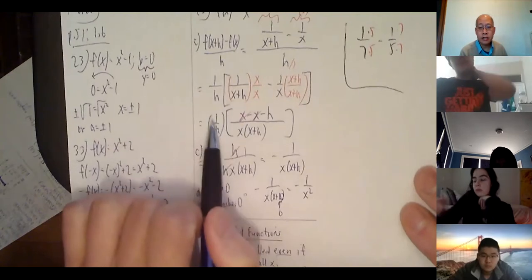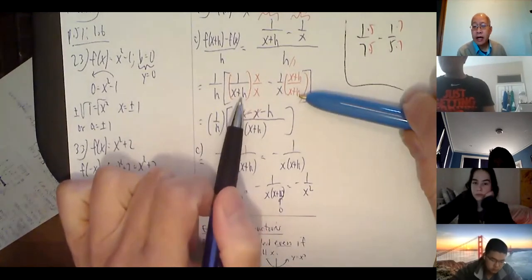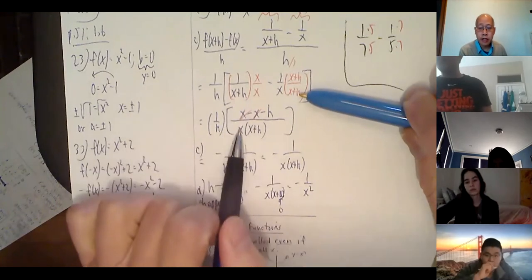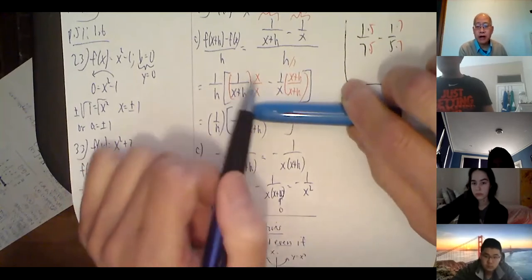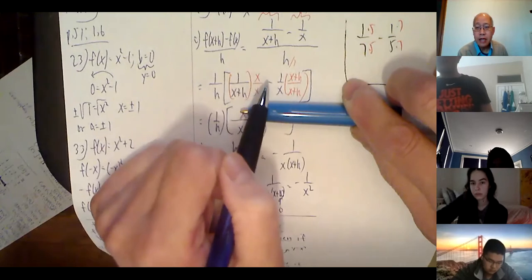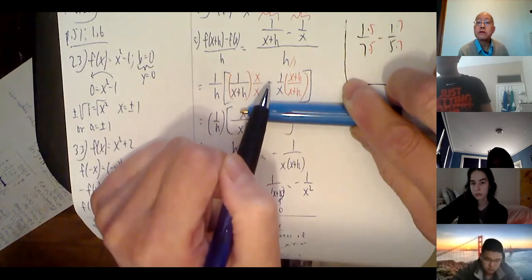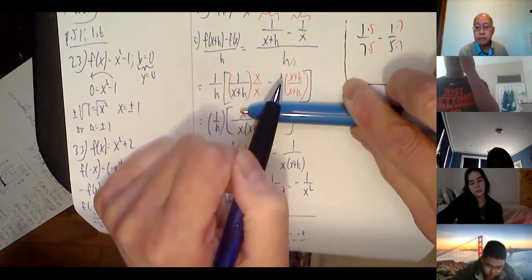Okay, so now I have this, 1 over h. Now they have a common denominator, x times x plus h. So there it is, x times x plus h. And now I work out the top stuff. So what's 1 times x? X. Negative 1. Now be careful. The negative 1 distributes. So it's negative 1 times both of them.